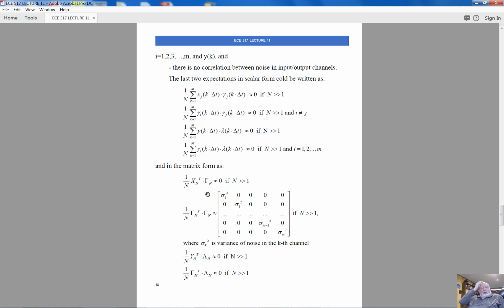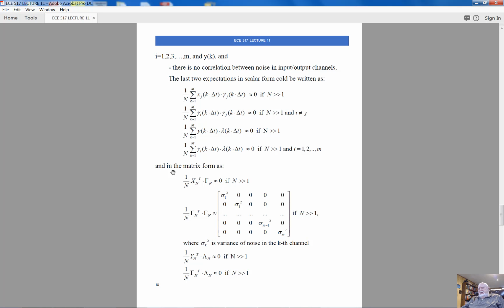Capital Gamma is the array of components of noise discretized, and I have all these components of noise from time equal to 1 till time equal to n, and also from channel number 1 to channel number m.